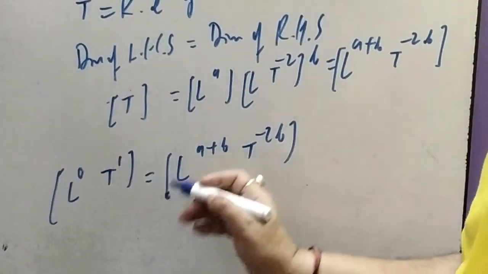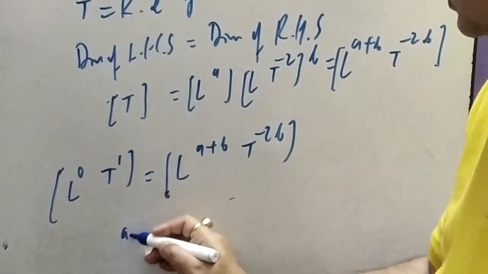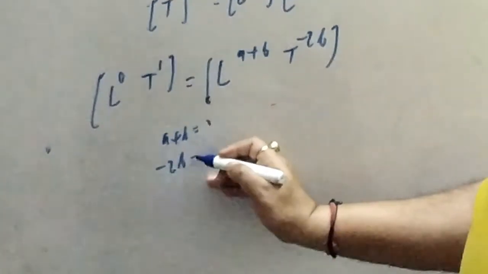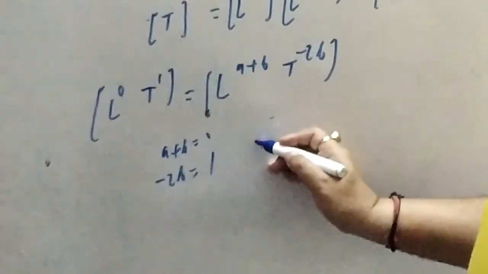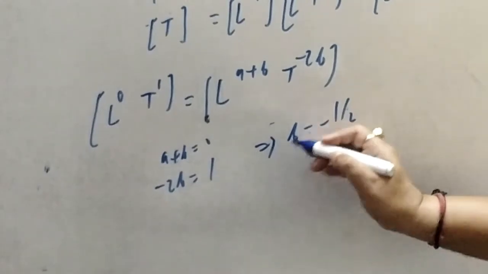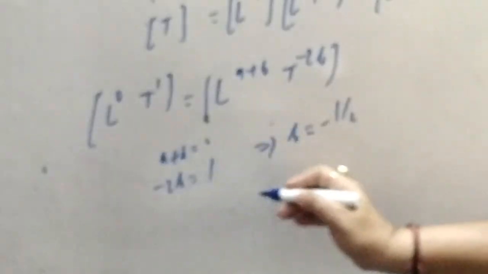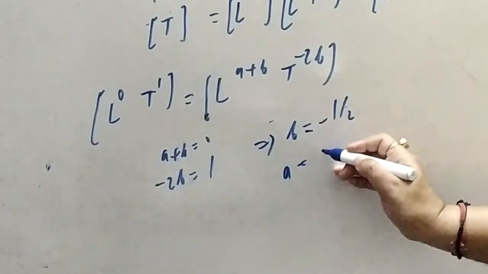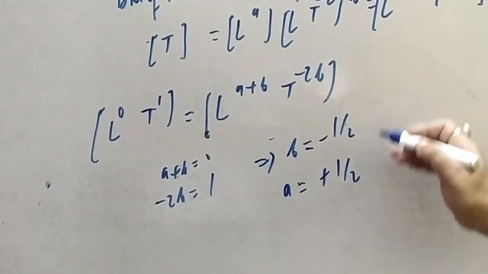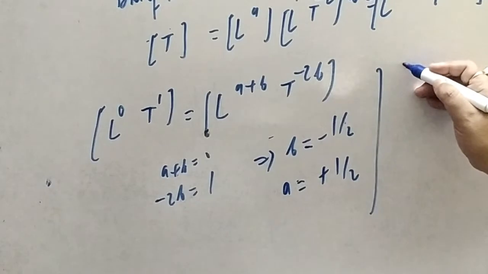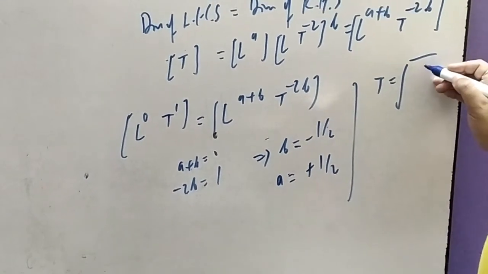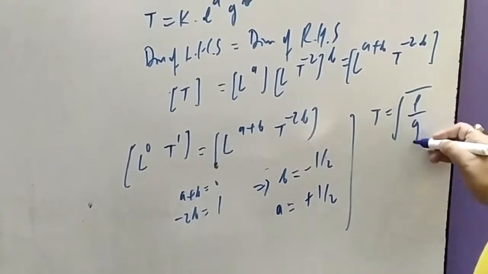After this, we compare: A plus B equals 0 and minus 2B equals 1, which implies that B equals minus half, and A comes out to be plus half. Therefore, the equation becomes T equal to under root L by g.